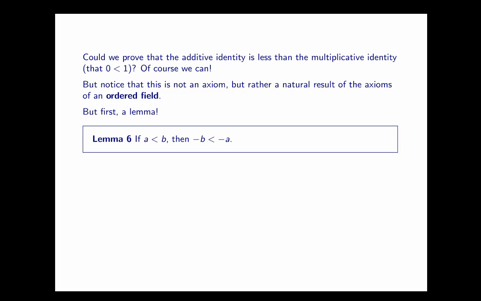But first, a lemma. If A is less than B, then negative B is less than negative A. In other words, if I have an inequality, taking the additive inverse of both sides, in other words, flipping the sign on both sides, means I have to flip the less than or equal to sign. So let's prove that.